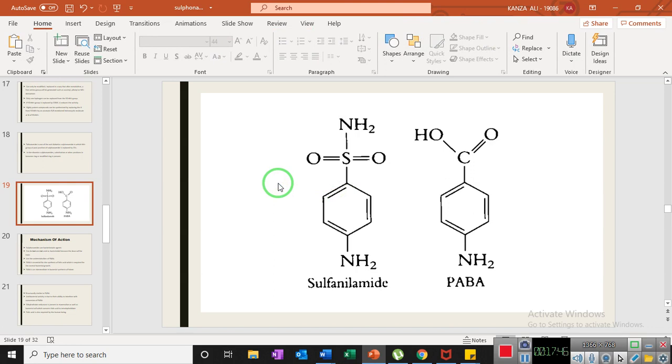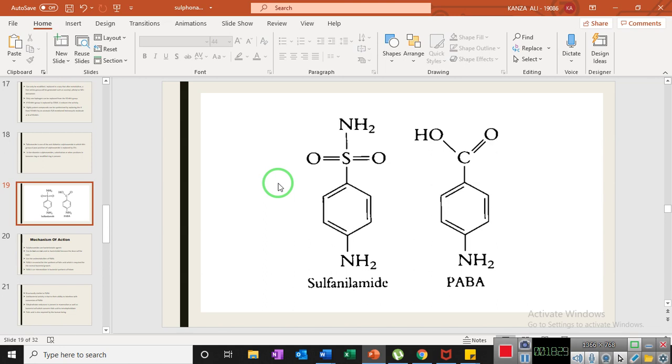PABA and sulfonamide compete for the enzyme dihydrofolate synthetase, or we can say sulfonamide is a competitive inhibitor of para-aminobenzoic acid, PABA.